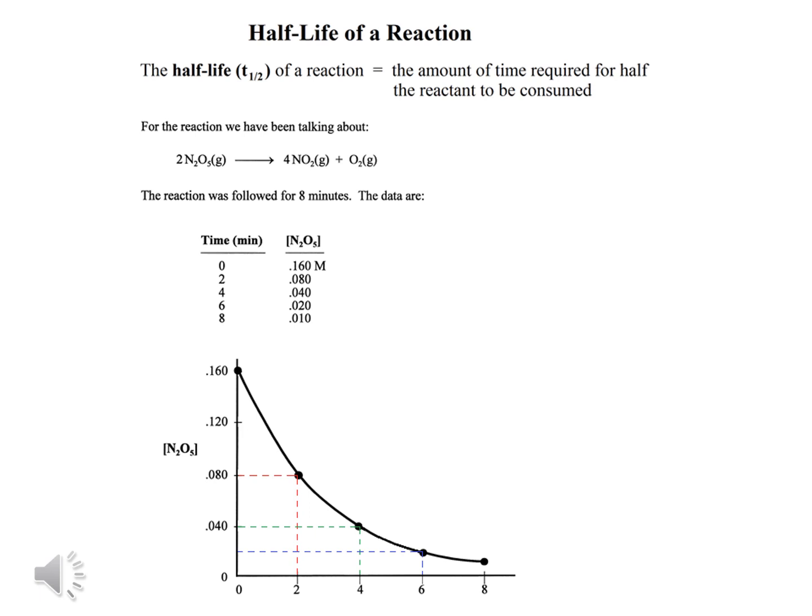This is characteristic of a first order time equation. The half-life is the same across the whole graph, no matter what concentration you start with. That is not going to be true for second order when we look at that. But for first order, it is.